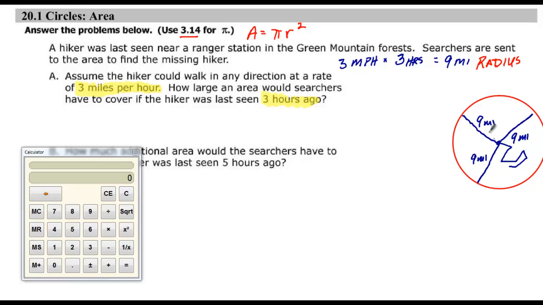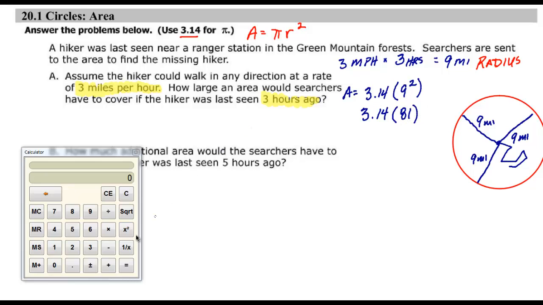What we do know is if the hiker went in a straight line for the 3 hours at 3 miles per hour, the furthest the hiker could get is 9 miles. So that's the radius of our circle. So to find the area that could be covered, and remember again, we're finding area, we're going to take 3.14 times the radius squared, which is 3.14 times 81.